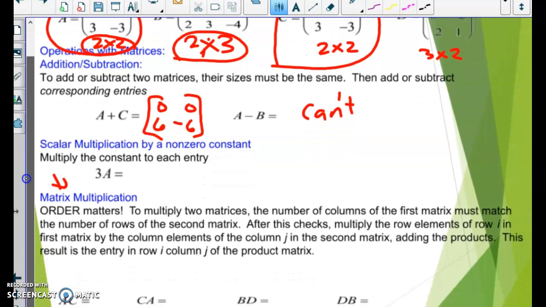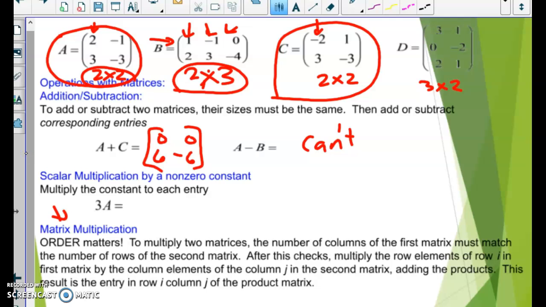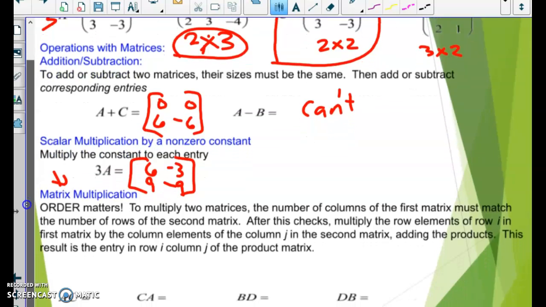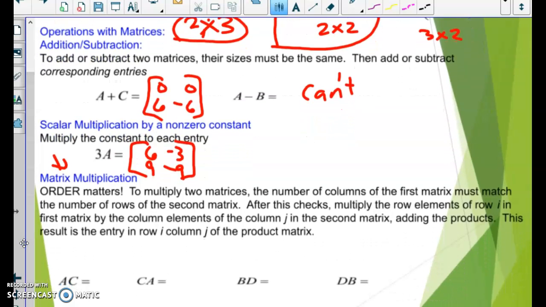Now, scalar multiplication means that, just like we did with vectors, we're just going to multiply all of the elements by 3. So if I take my A matrix and multiply it by 3, I'm going to get a 6, negative 3, 9, negative 9. And down here, we're going to talk about matrix multiplication.